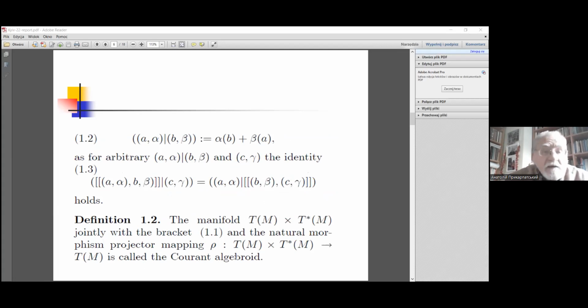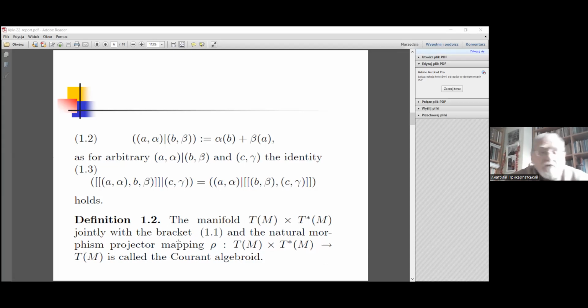So having defined the Courant bracket above, we can proceed to the following definition. The product of the tangent and cotangent manifolds, jointly with the Courant bracket defined above and the natural morphism rho, which is the projector from this product to the tangent space component on the manifold M, is called the Courant algebroid.